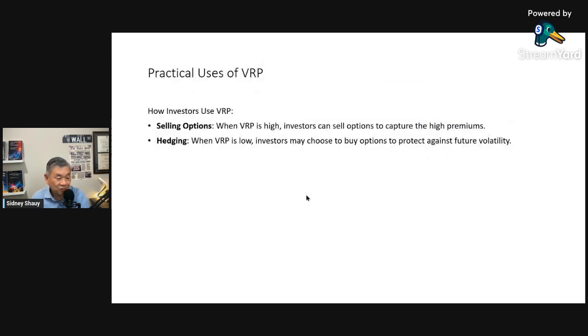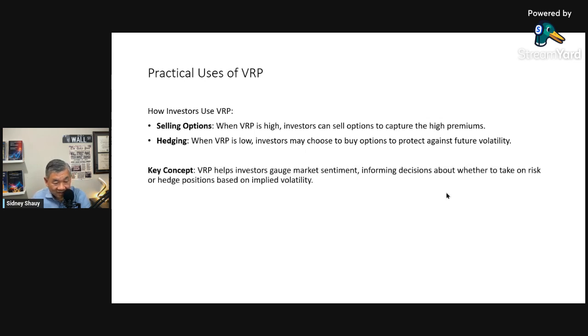So practical uses of VRP, besides giving us direction: investors can sell options when VRP is high to capture the high premiums. Some people do this kind of deal. Hedging also, right? When VRP is low, investors may choose to buy options to protect against future volatility.